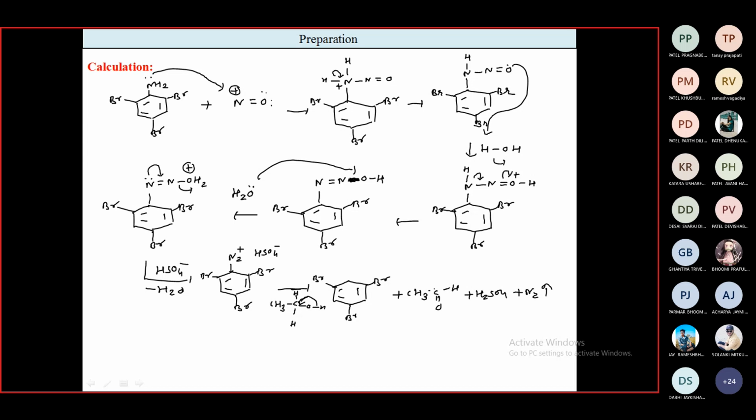Okay, so alcohol gets converted to aldehyde and H plus is separated on ring, so it gives final product.